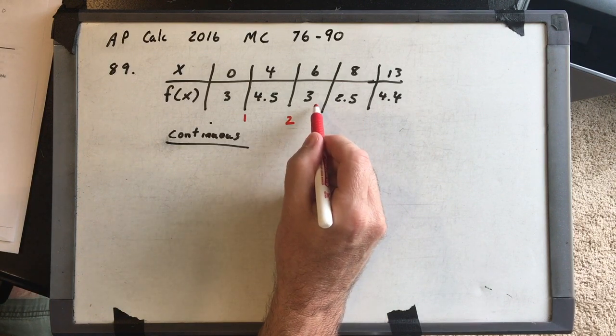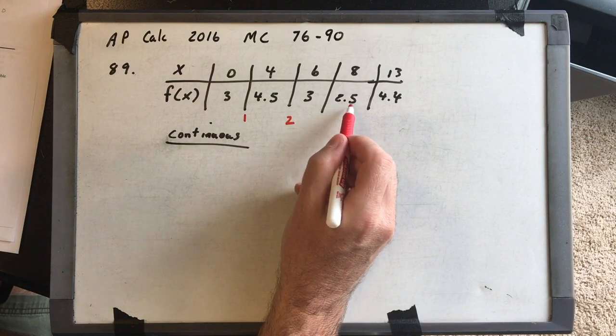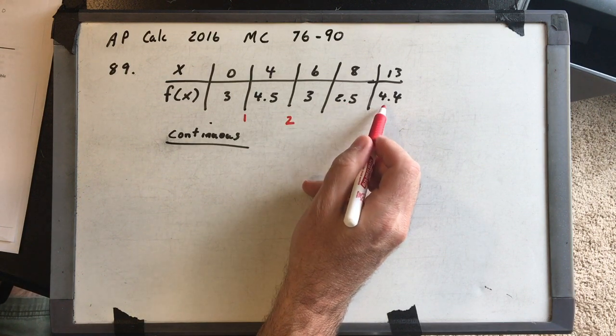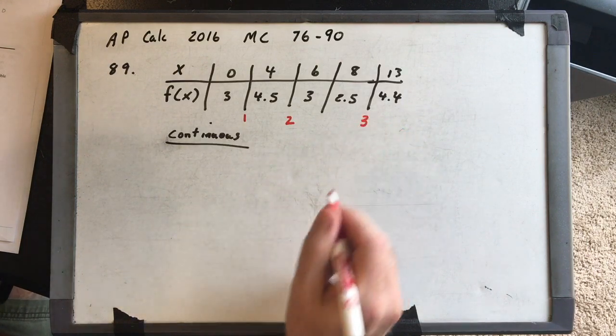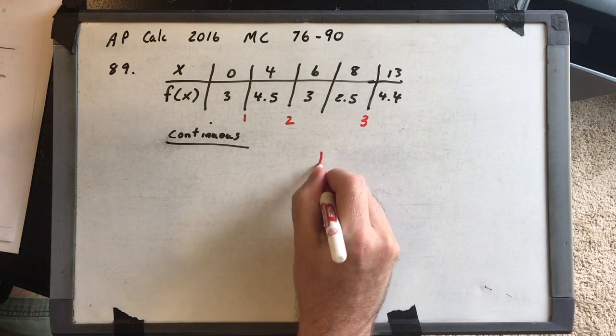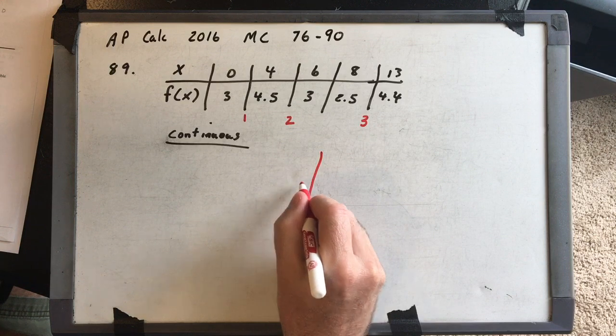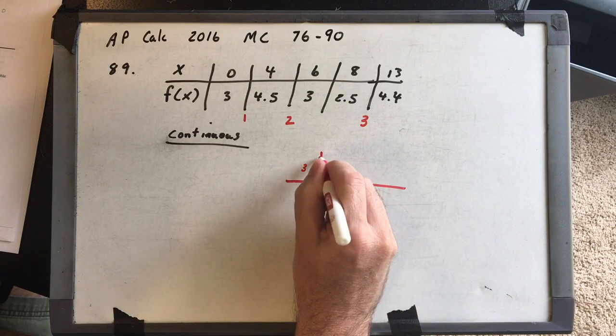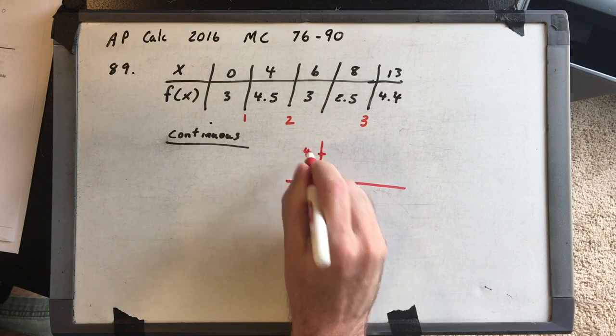Now, it could cross it, but it doesn't have to. It goes from 3 down to 2.5, so it doesn't there. But from 2.5, it then goes back up to 4.4, so there's a third time. So if you were to graph this for the minimum number of times, let's say this is 3, this is 4.